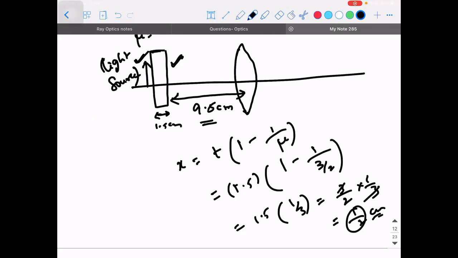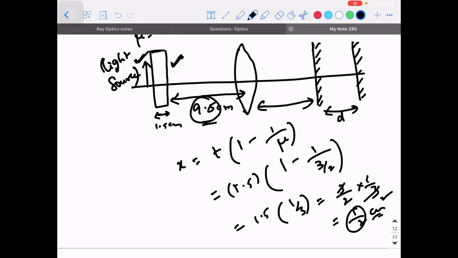It has got shifted to the right by half a centimeter. Does it make sense? Then the screen which was here, since the object has moved close, 9.5, it is less than 10. Since the object has moved close to the lens, the screen should be moved away by a distance d.